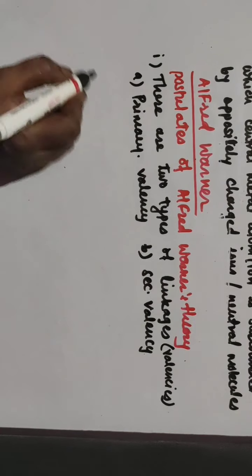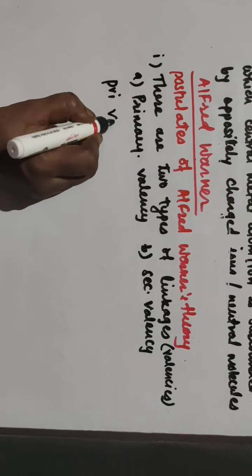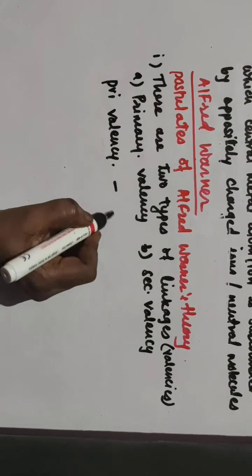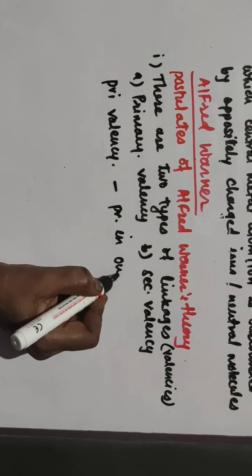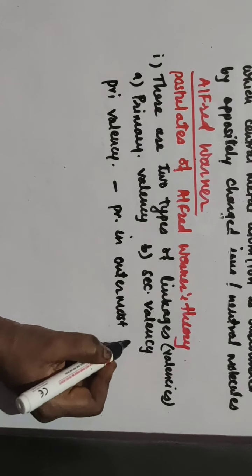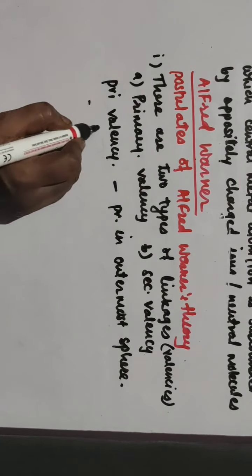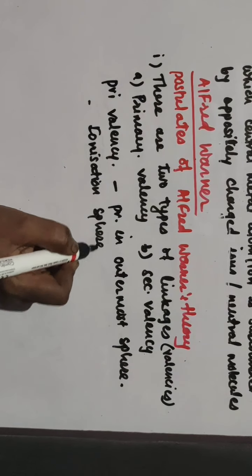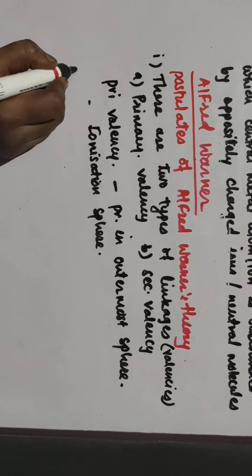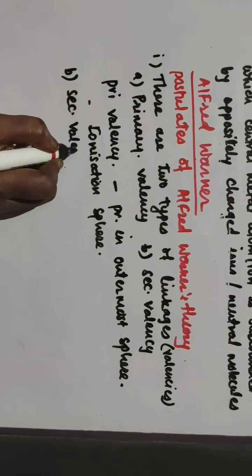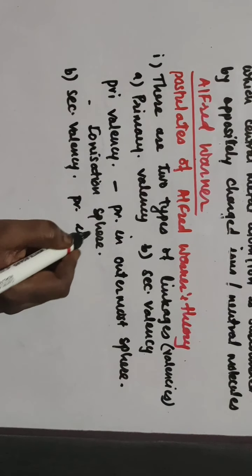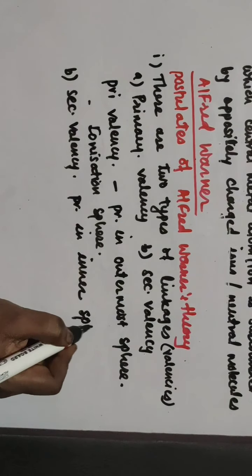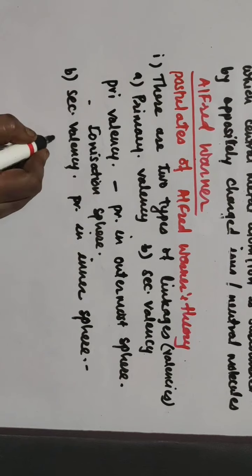That means the primary valencies are present in the outermost sphere, which is called the ionization sphere. And the secondary valencies are present in the inner sphere, which is called the coordination sphere.